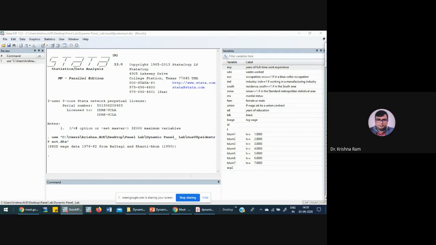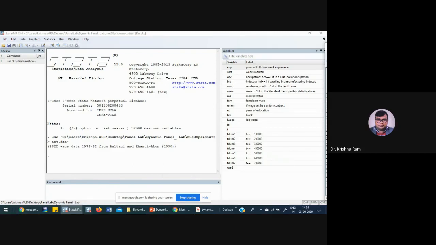In our last class, we discussed the Arellano-Bover method and the Arellano-Bond method. An improvement over Arellano-Bond is system GMM, which we haven't talked about, so we'll not cover that.